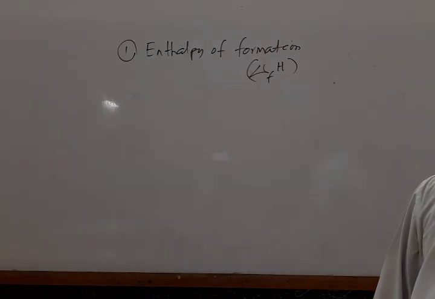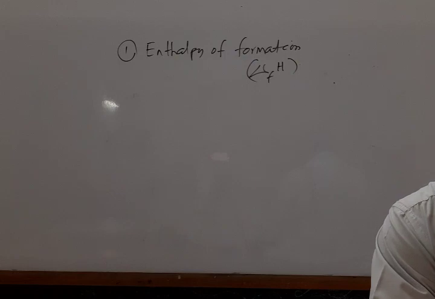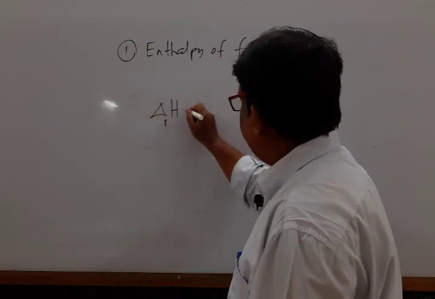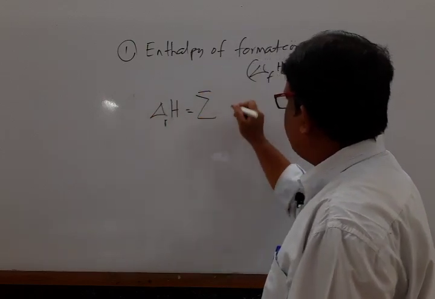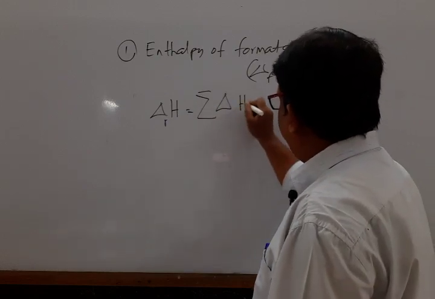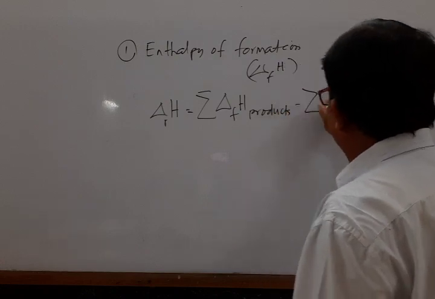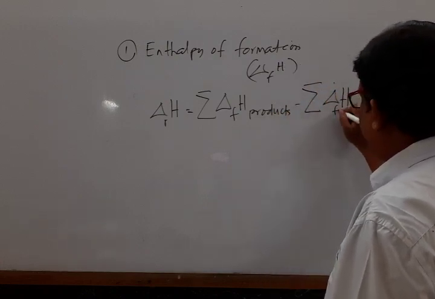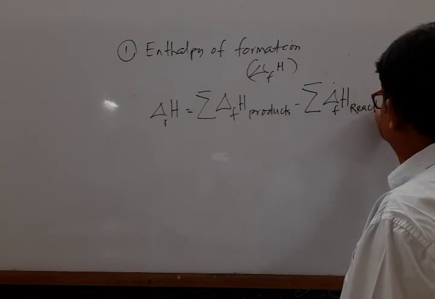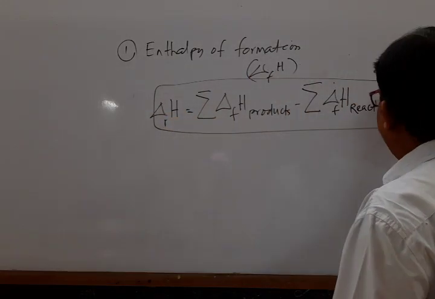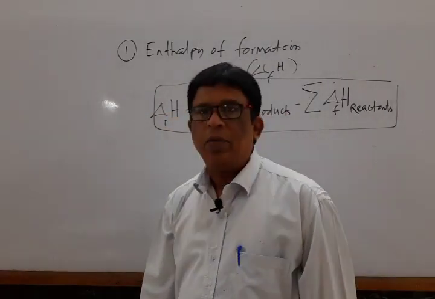If we go through the symbolical representation, we can write the enthalpy of a reaction del HR is equal to the sum total of enthalpy of formation of products minus the sum total of enthalpy of formation of reactants. Mark that. It is known as the enthalpy of formation.